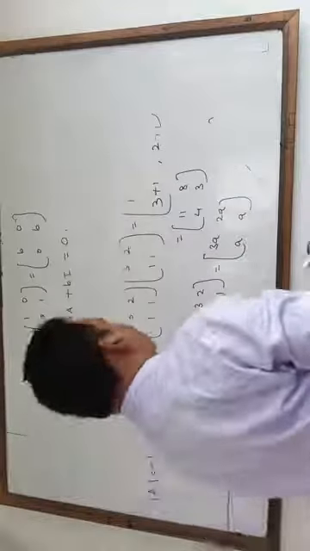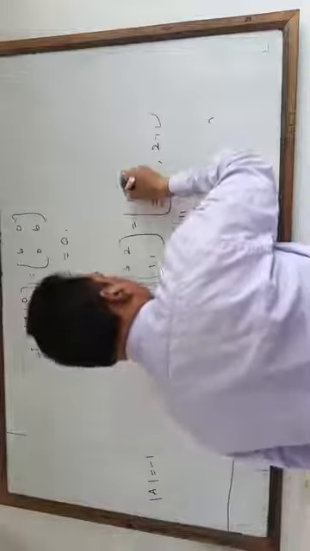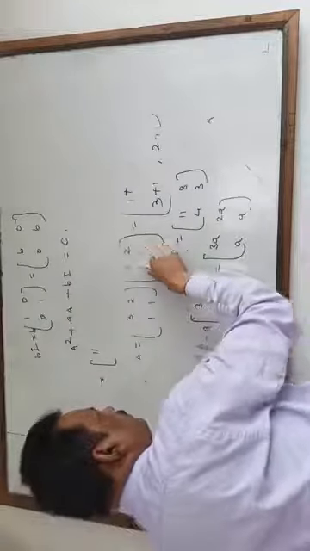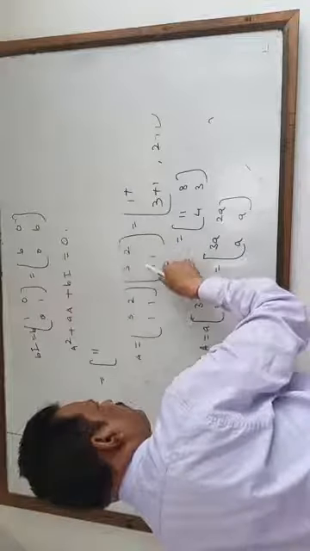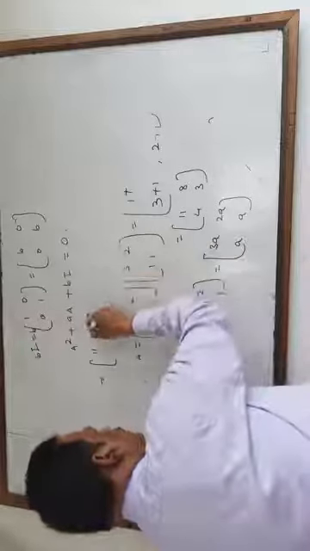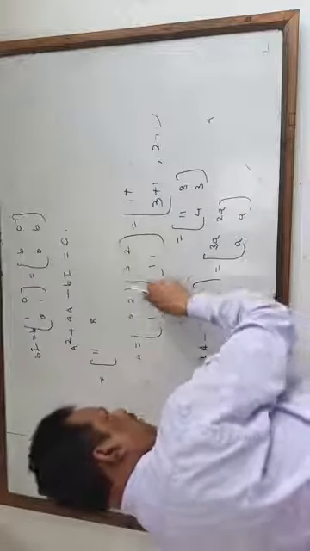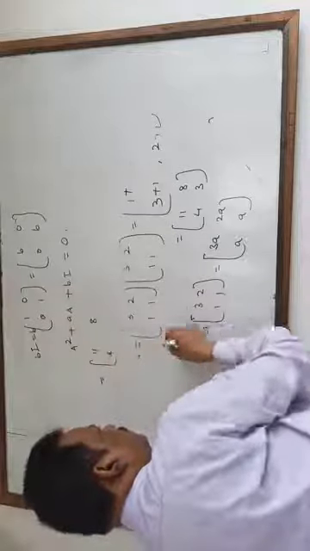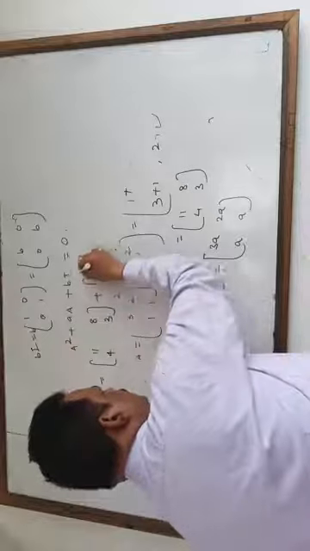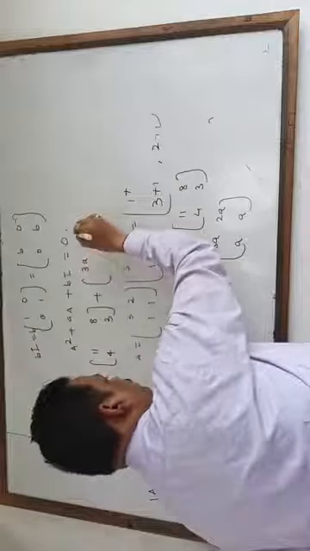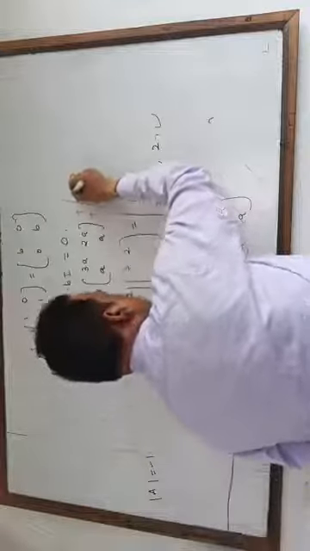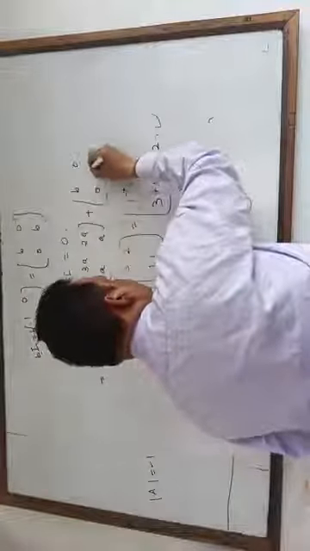A square was 11 8 4 3, plus 3a 2a a a, plus b 0 0 b.